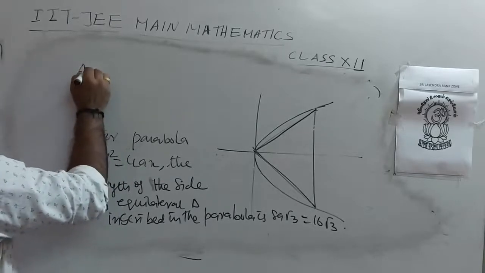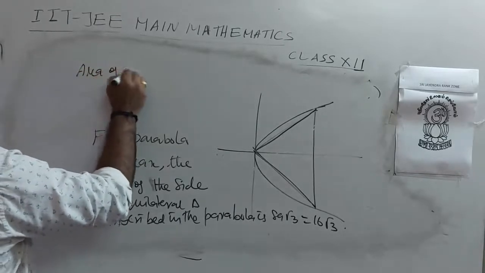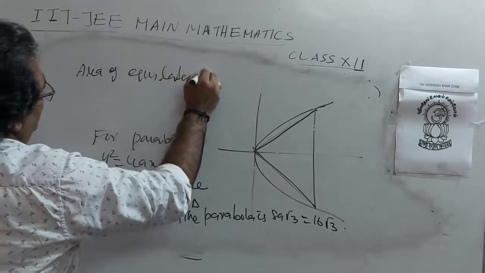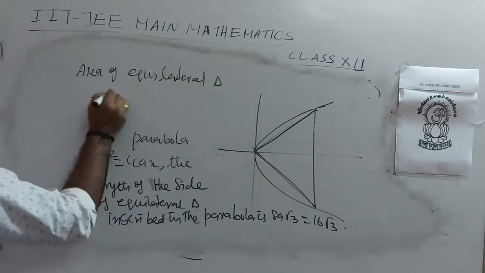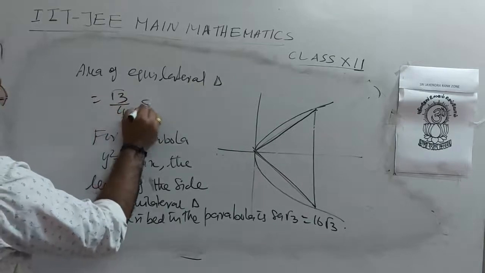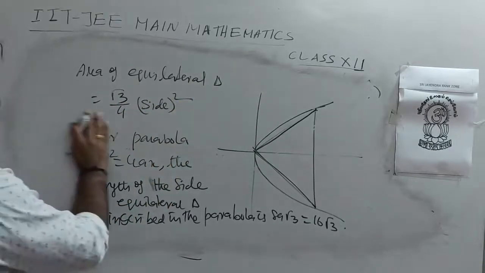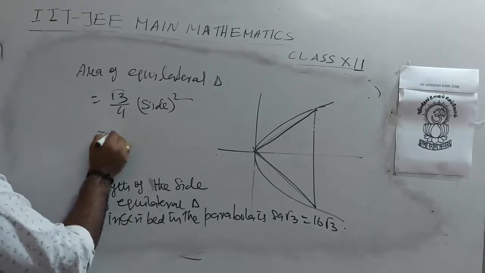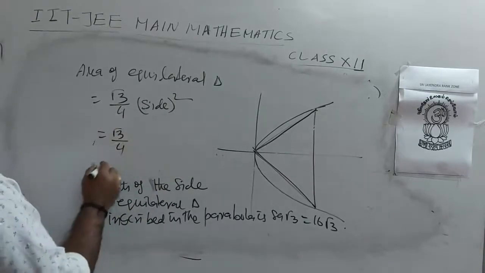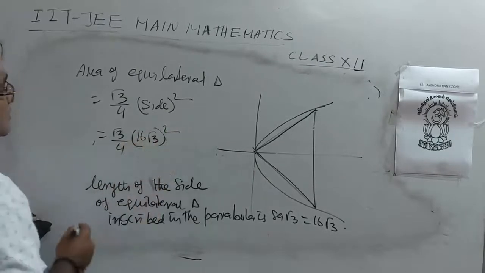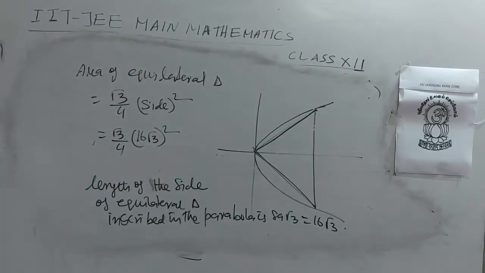So area is root 3 by 4 side whole square. Root 3 by 4 into (16 root 3) whole square.